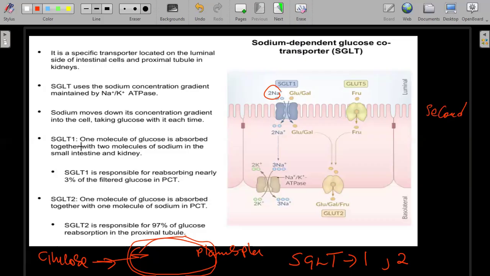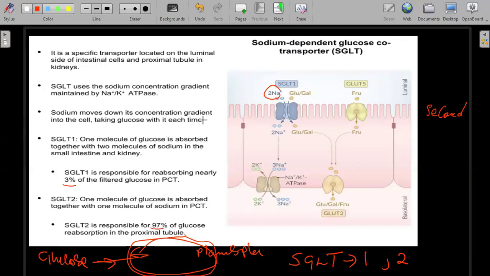Okay, so we are saying the SGLT1 is responsible for the movement of glucose, if we are talking about the proximal convoluted tubule of the kidney, about 3% of the glucose. Okay, and then the SGLT2, this one is responsible for the movement of 97% of the glucose in the proximal convoluted tubule in the kidney.